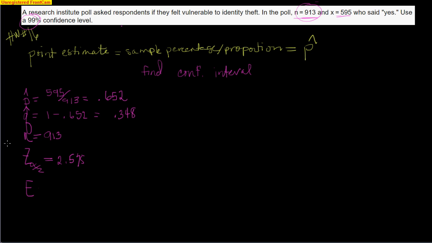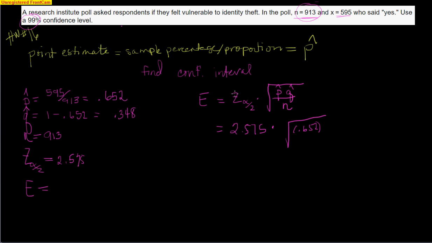That just leaves us to find the error. The formula for the error for a population proportion is, just to quickly review, the critical value times the square root of p hat q hat over n. Let's plug all that in: 2.575 times the square root of 0.652 times 0.348.